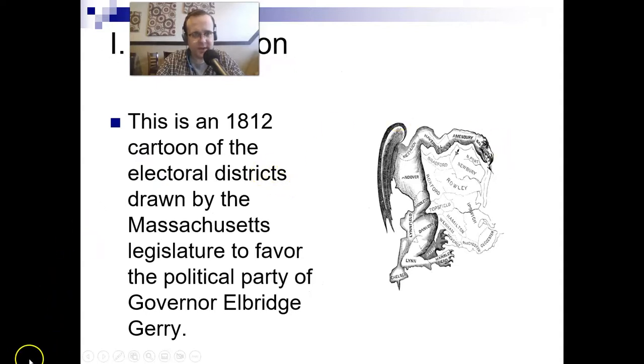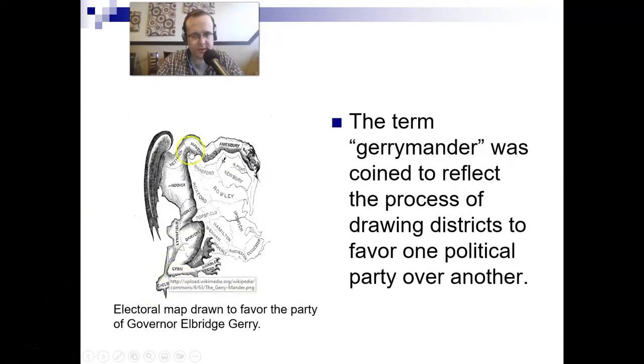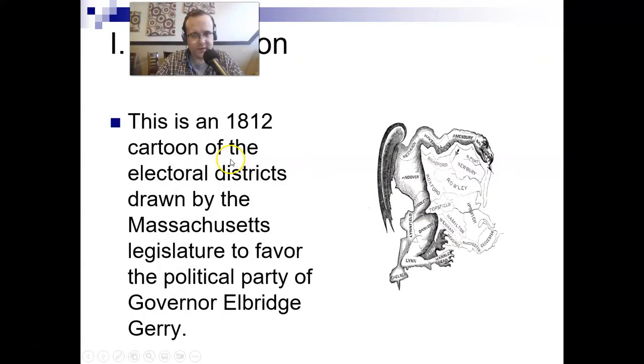This is a cartoon, as you can see, of Massachusetts, the electoral districts in Massachusetts, that was drawn by the legislature to heavily favor the party of the incumbent governor, Elbridge Gerry. And this is where the term comes from, gerrymander. Yeah, it kind of looks like a dragon here.